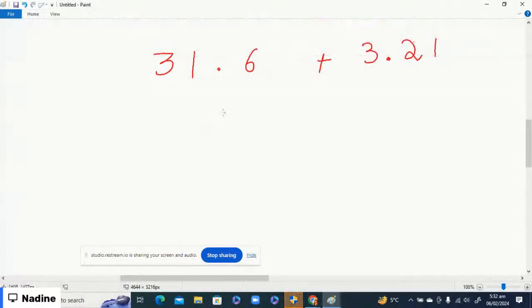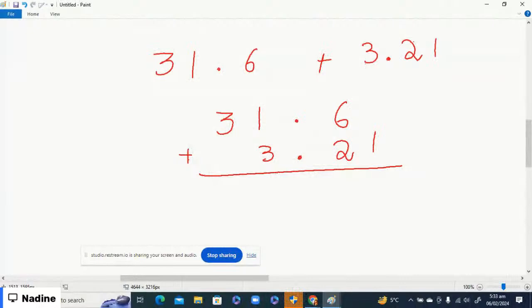So the same thing we are doing. First we write 31.6, then we put the point here. After this point there is 3, and after this point there is 2 and 1. You also solve this one. Now tell me, 1 is still the same here. Now 6 plus 2 is 8. Then the point is the same way. 1 plus 3 is 4, and here is 3. So this is 34.81. You put the point under the point this way.